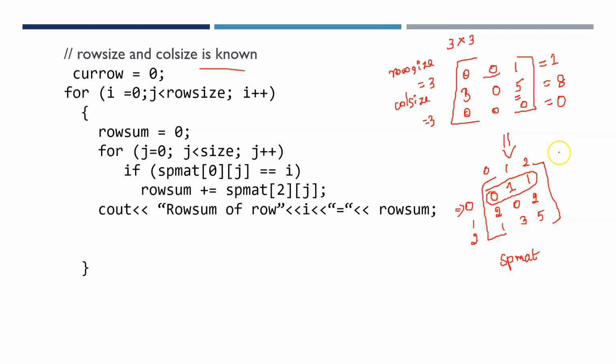What is the row number? It is actually 0. For the first row, the row number will be 0, so I check for entries with 0. I find an element with 0 here, so I add its value. Then I come to the others; I don't find 0, I don't find 0. So row 0 total is 1.